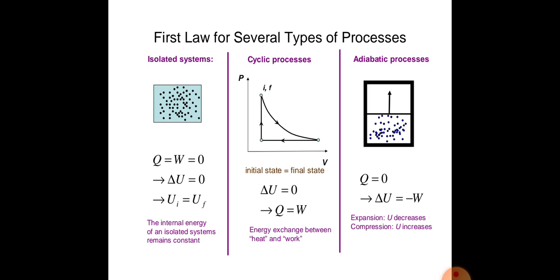In an isolated system, the internal energy of an isolated system remains constant. In a cyclic process, there is energy exchange between heat and work. And in an adiabatic process, during expansion internal energy U decreases, and during compression internal energy increases.